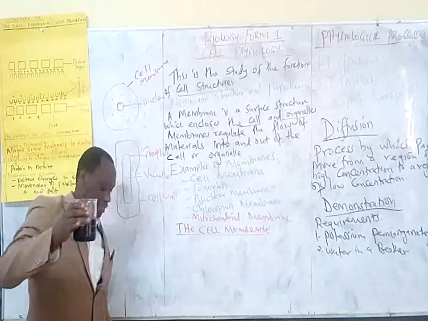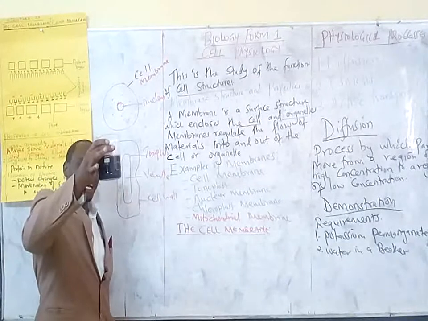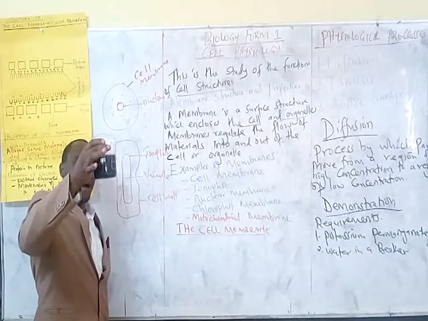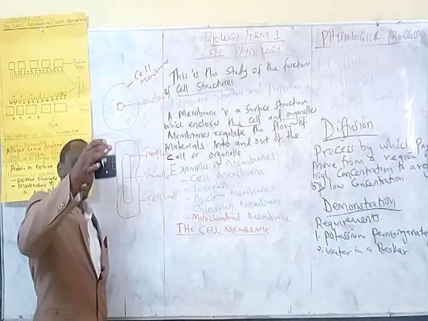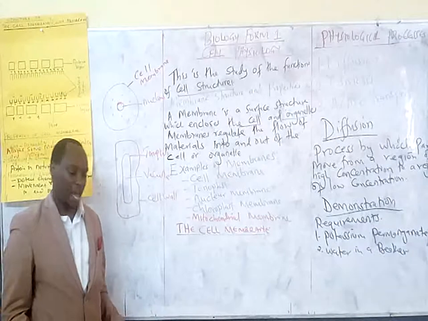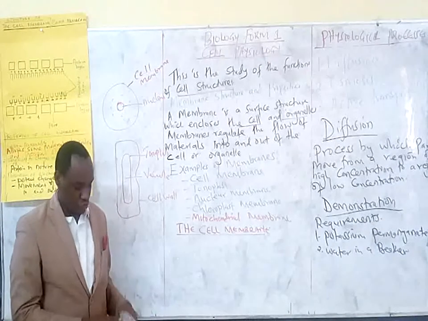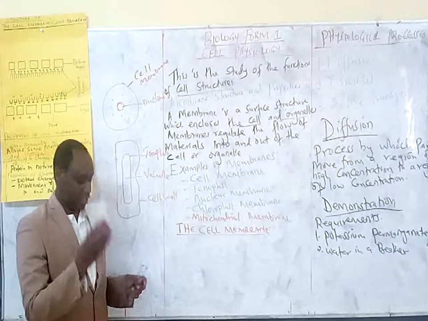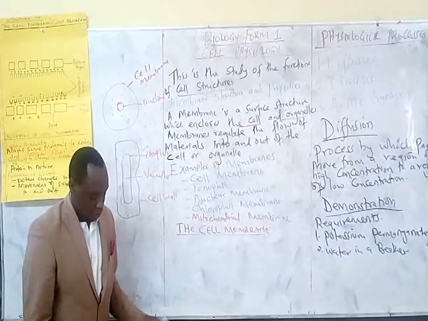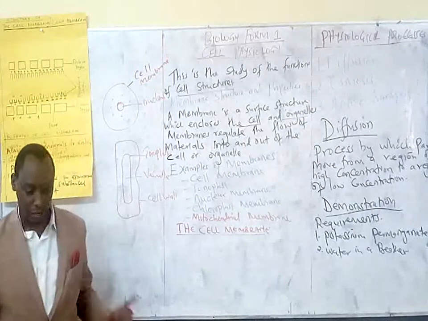The water was clear, but now the color has changed to what? Purple color. How did this water change? The particles moved from where they were more inside the potassium permanganate and they spread all through into the water. The water has now turned purple. This shows that indeed diffusion has taken place.